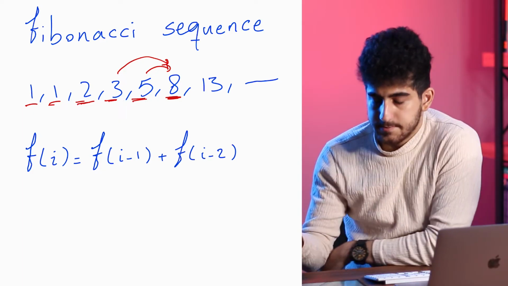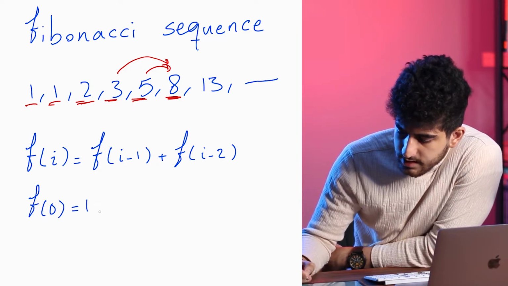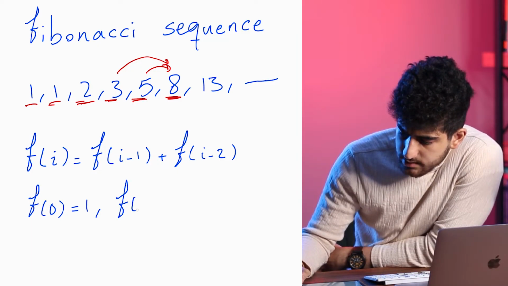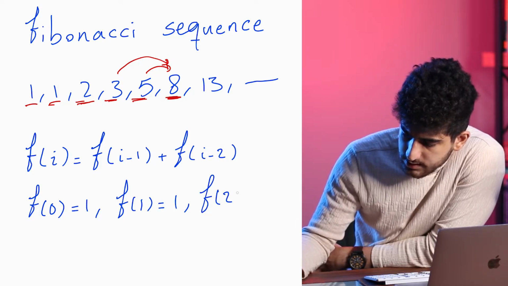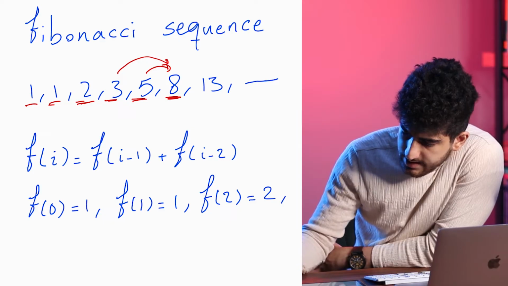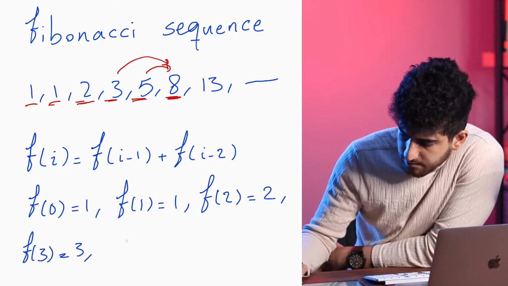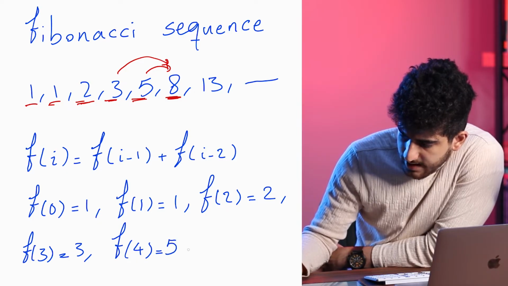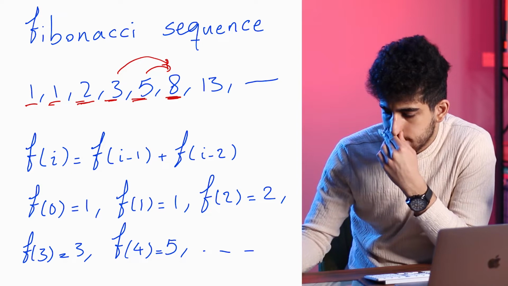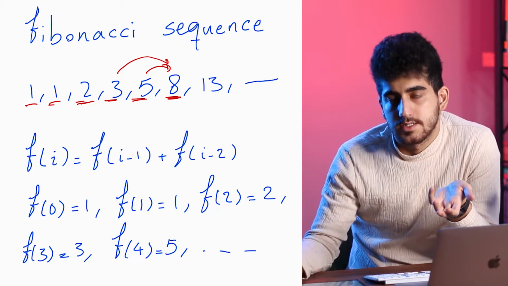So I can say that f of 0 is 1, f of 1 is 1, then f of 2 is 2, then f of 3 is 3, f of 4 is 5, and so on. So we can see that we get the same sequence.